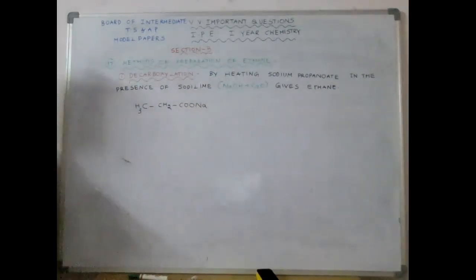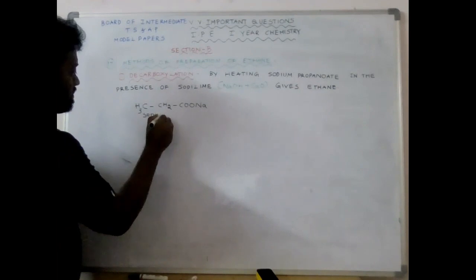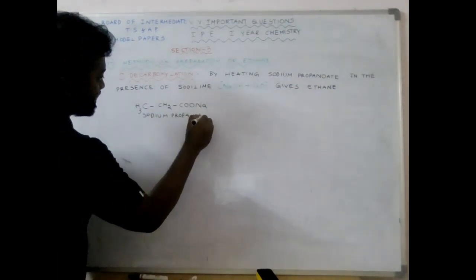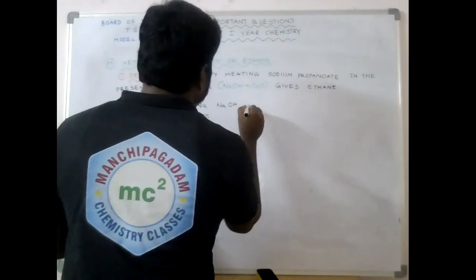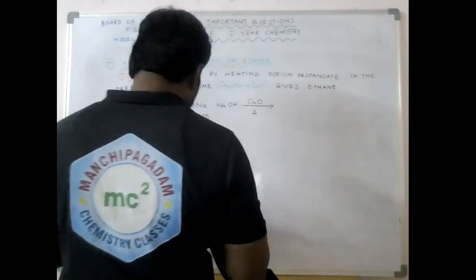This is called sodium propanoate. This is reacting with soda lime, that is NaOH and CaO, calcium oxide, and we are heating that.